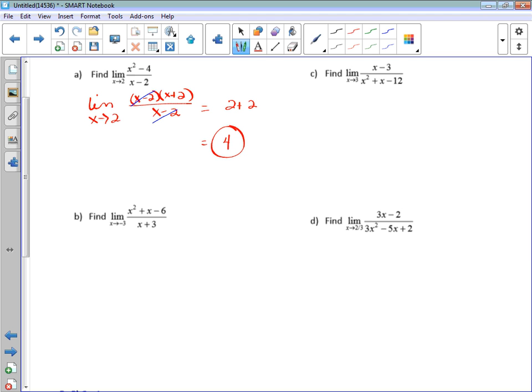All right. Okay, B is down below, so you guys try that one. Actually, you guys go ahead and try B, C, and D. We'll save the conjugates, though, to do together.